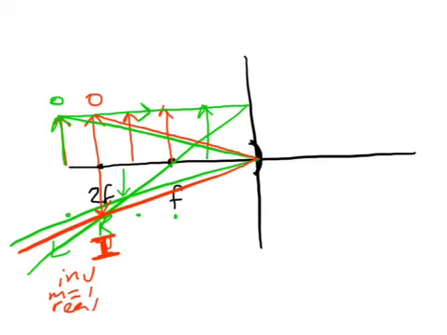Okay, real light rays. So now we come to our object inside 2F, but not inside F. So it's back here. We've got our parallel light ray still. It's getting a little bit hard to see, but we'll have to work really carefully with that.